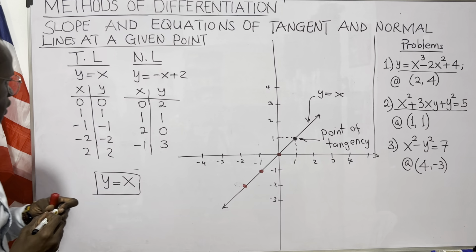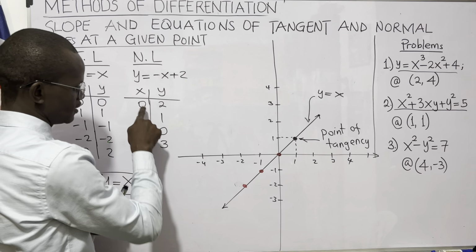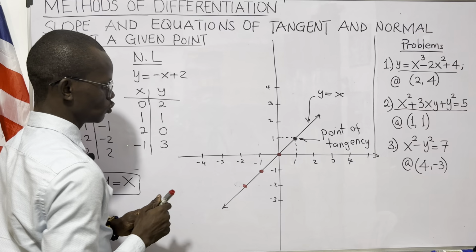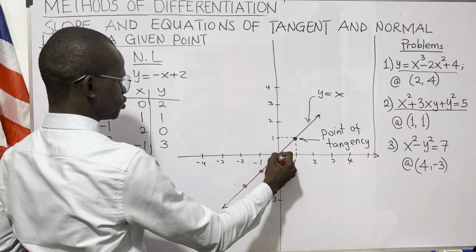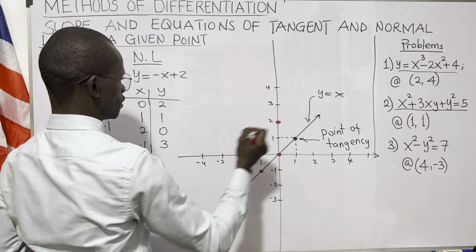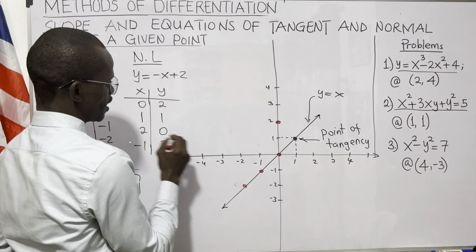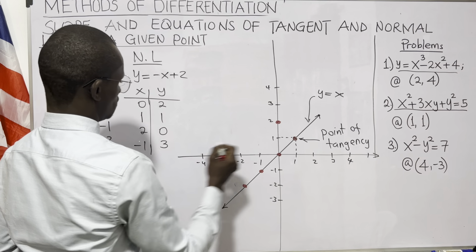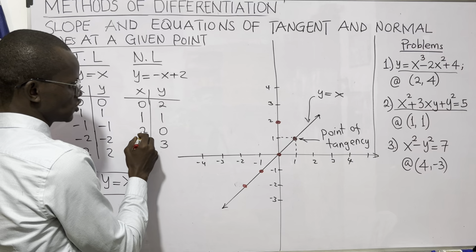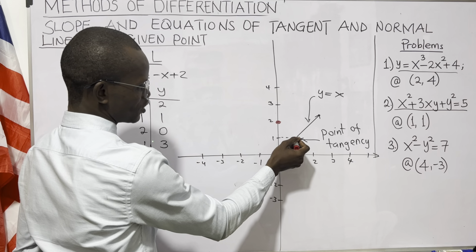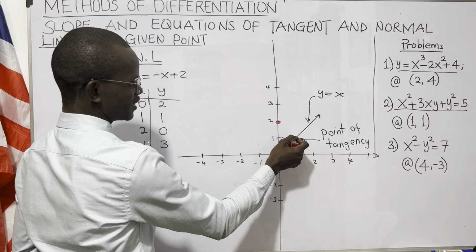Now, for the normal line, when x is 0, y is positive 2. When x is 1, y is 1. When x is 2, y is 0. You see that this will intercept at the point of tangency.